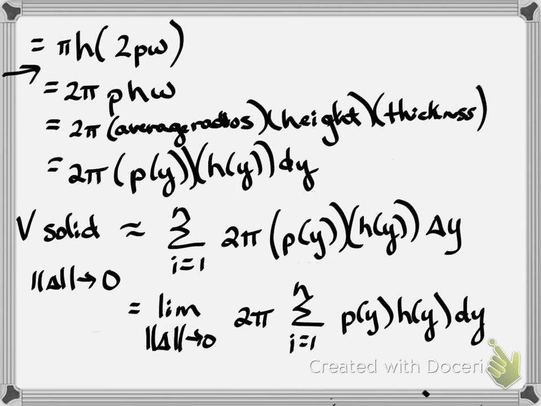And that, my friends, is the integral, equal to 2 pi times the integral from a to b of p of y, h of y, dy. So that's why we did all this, so we could find this formula. And that's the formula we're going to use for the shell method.